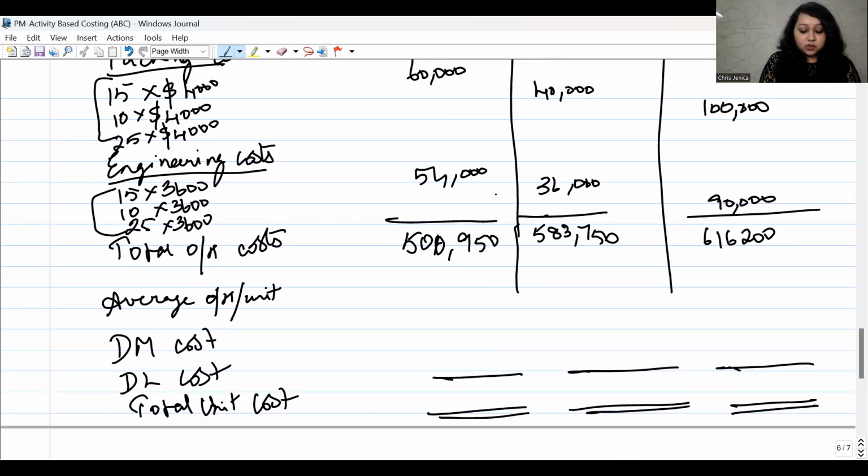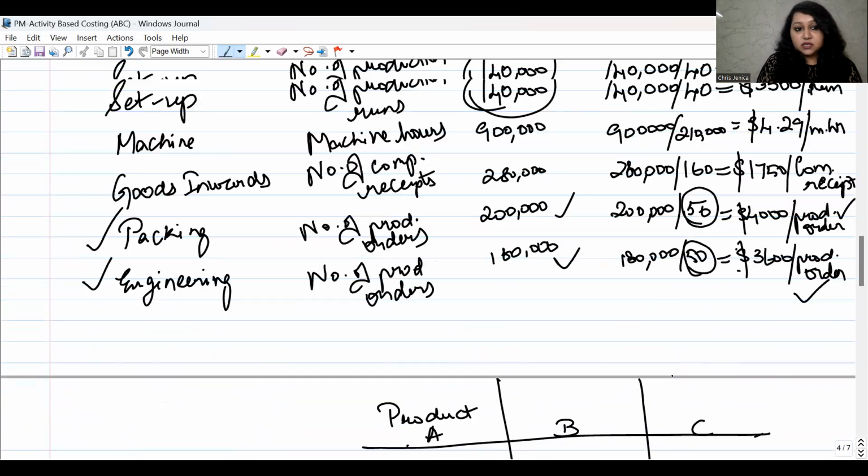Now, average overhead per unit is 500,950 divided by 40,000. It's going to be $12.52 per unit. And then 583,750 divided by 25,000, I guess.